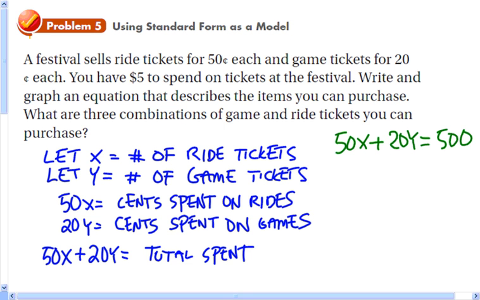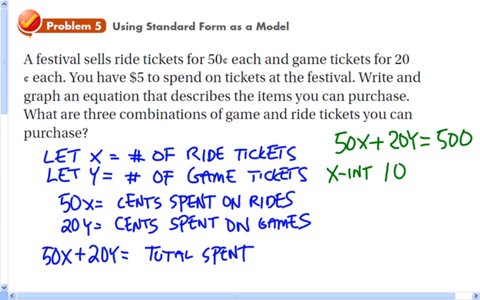Now, to graph that, I want to find the intercepts. Now, the x-intercept is when y is 0. In other words, if I spend nothing on games, how many tickets do I get for rides alone? And that would be 500 divided by 50, which is 10.